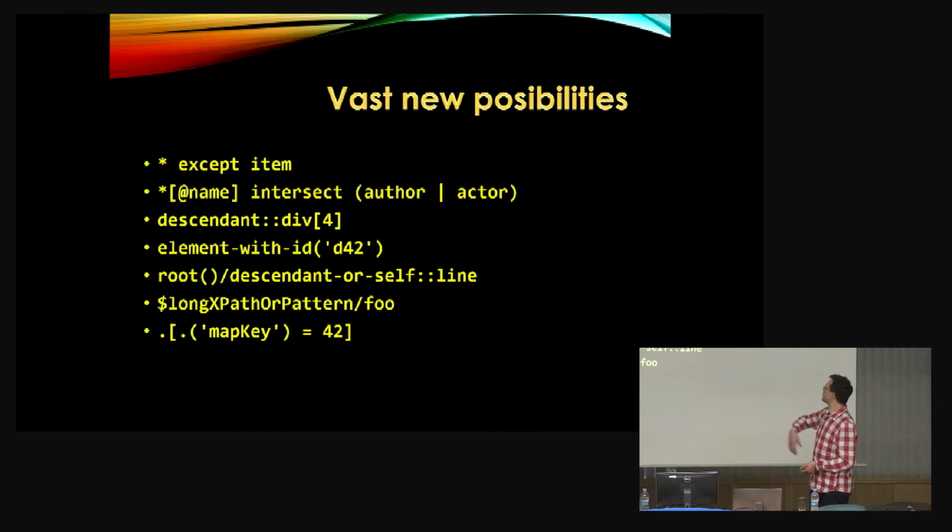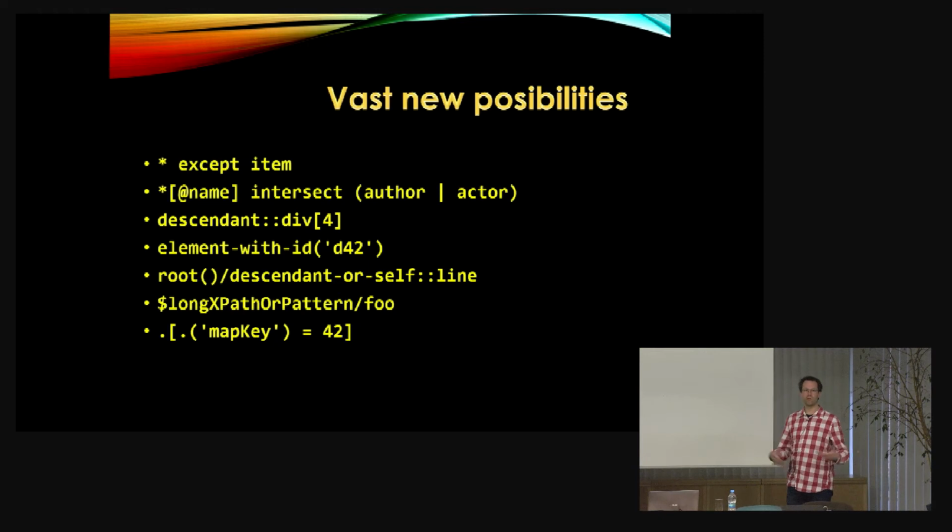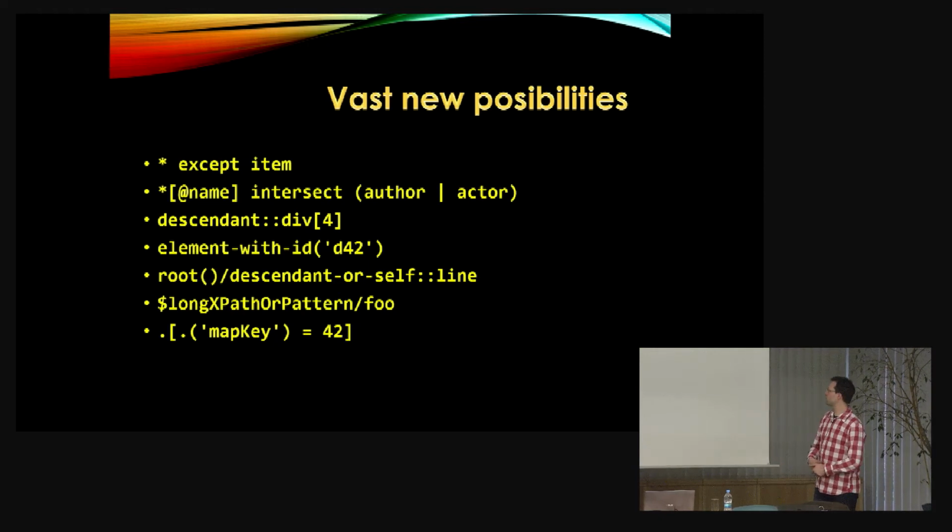Counting the descendant axis, using element with ID for documents that have elements with that ID. Element with ID, by the way, is a little bit peculiar because the current node must match the node with that ID, but the function element with ID takes all the elements with IDs from your whole document.